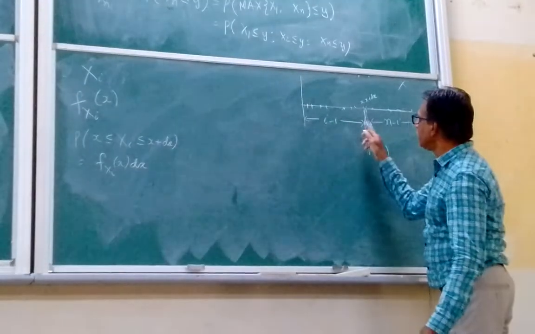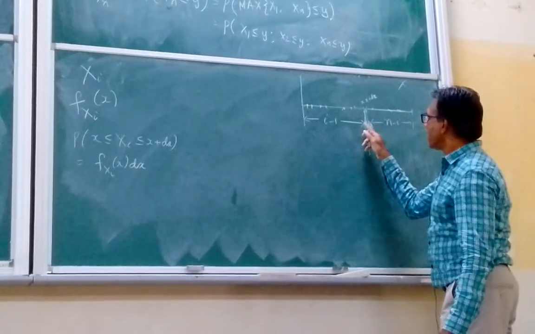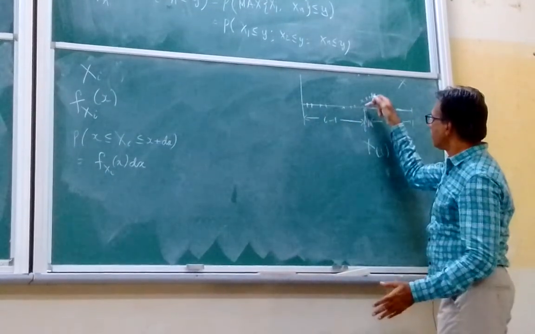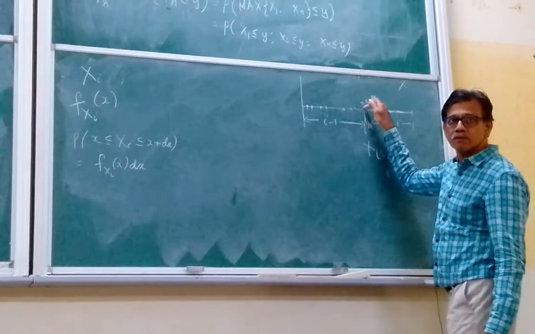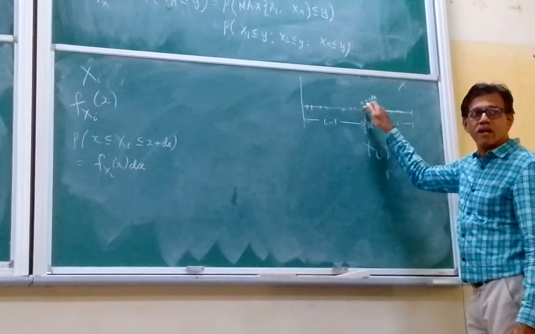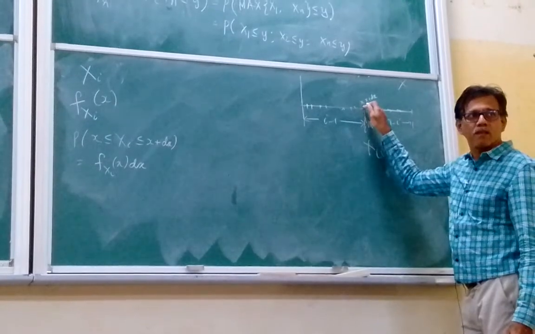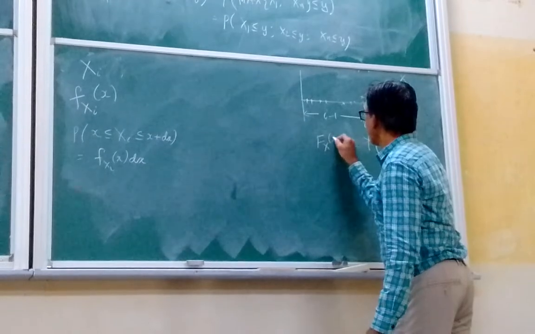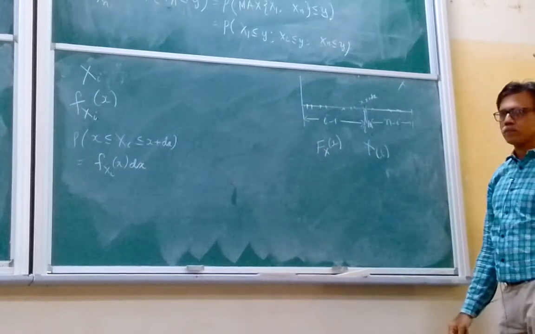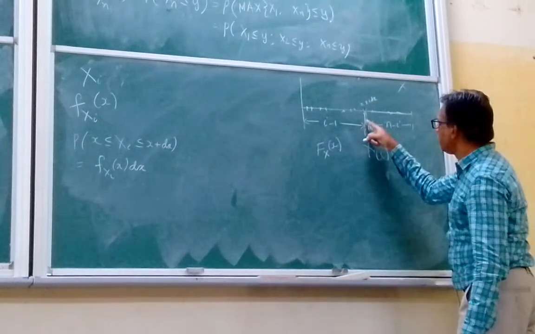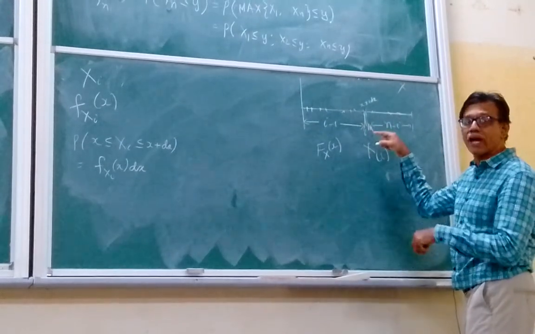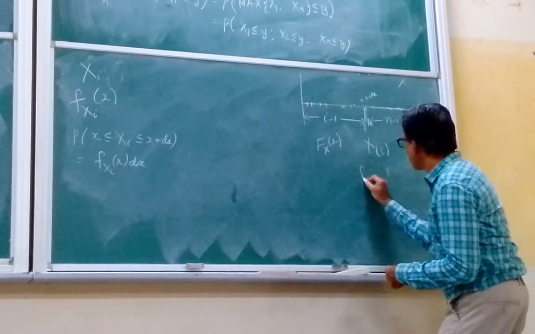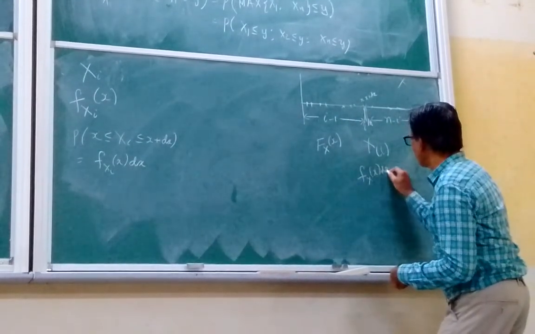What is the probability that a realization will happen to be less than x? F_X of x, capital F_X of x. And what is the probability that a realization, which will be the ith one, will lie in this interval? That will be f_X of x into dx.